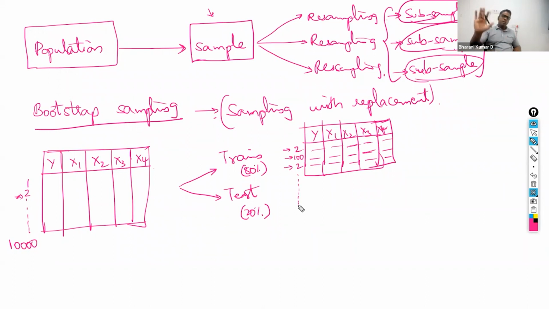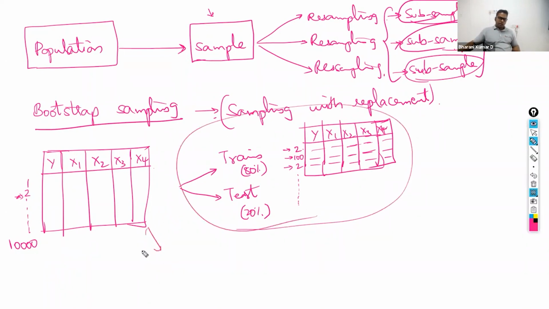When you create n number of samples like this, meaning you have come up with a training and test split, again you come up with another training and test split, and again another. Different times you split it in this way with replacement. People say that there is a specific rule, which is roughly 36% of the observations will not be selected at all.